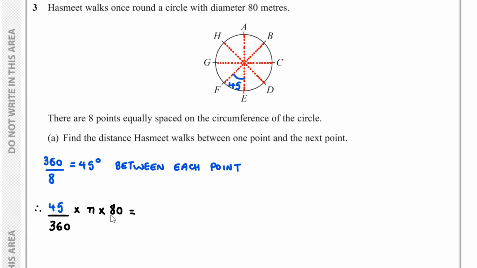So if we work this out, we get 10 pi meters.